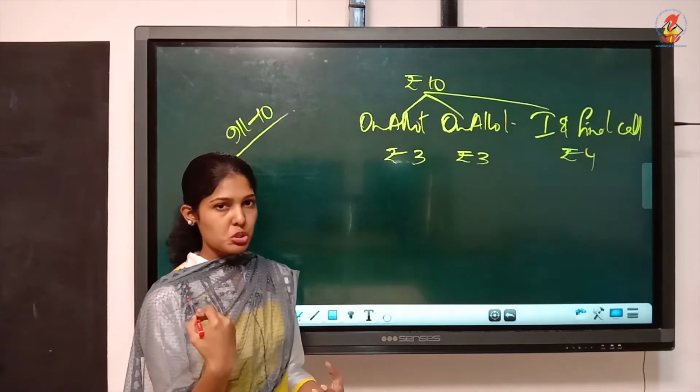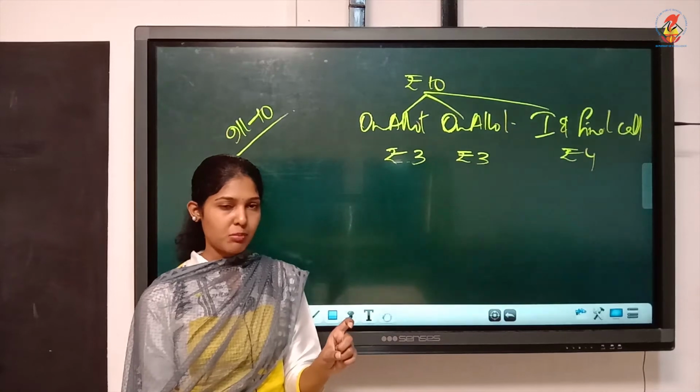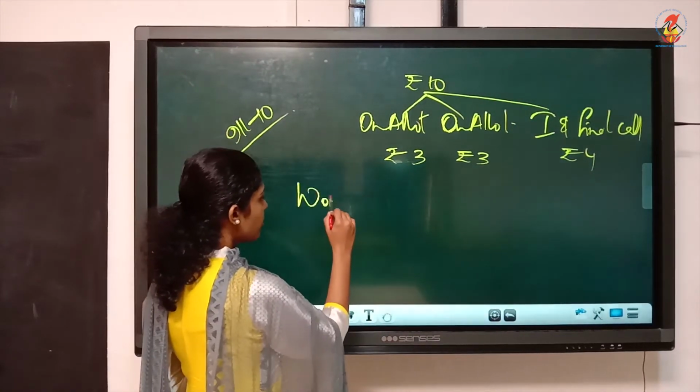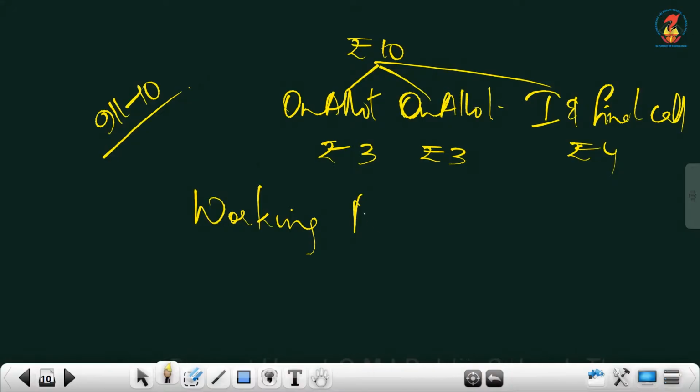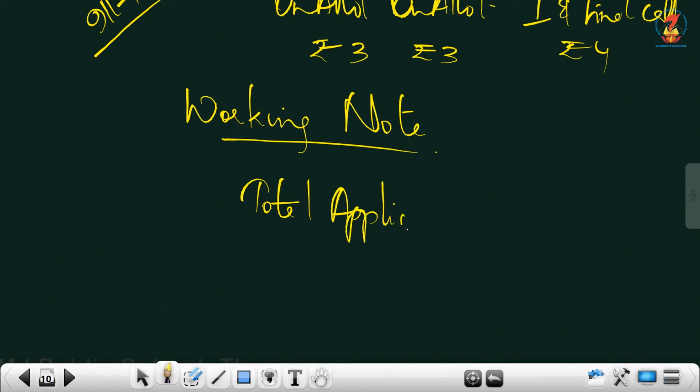Next, since this question is with oversubscription, you must start it with a working note. Whenever you get an oversubscription question, start with working note. What you have to write first is total application money received.